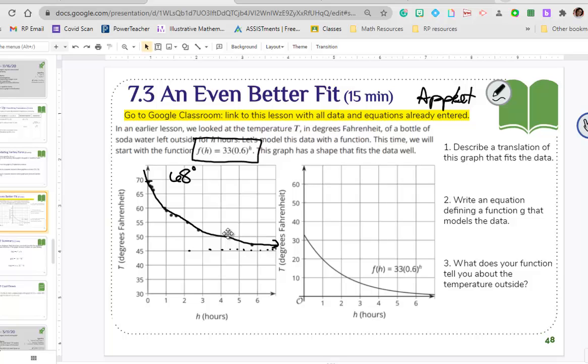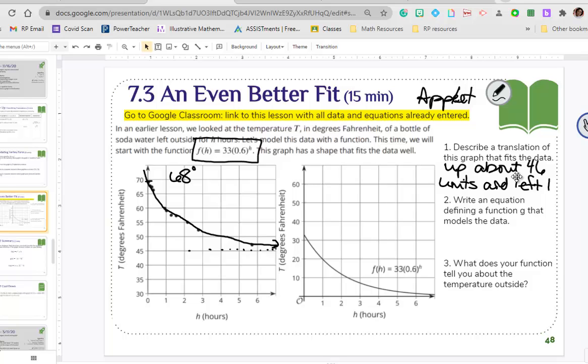To describe it in words, we should raise it up about 46 units, and to the left, 1.